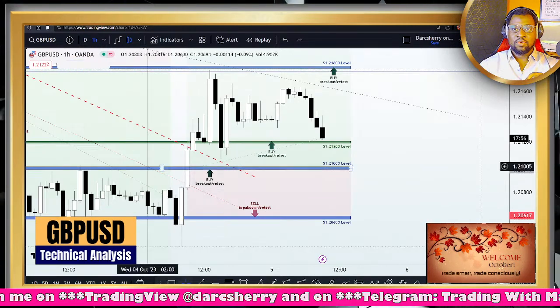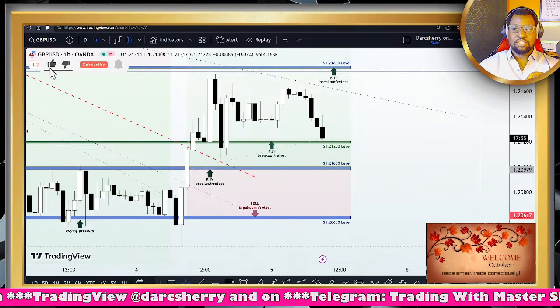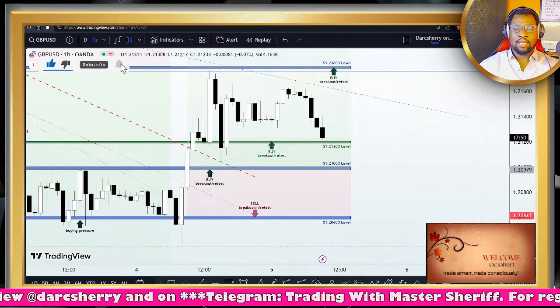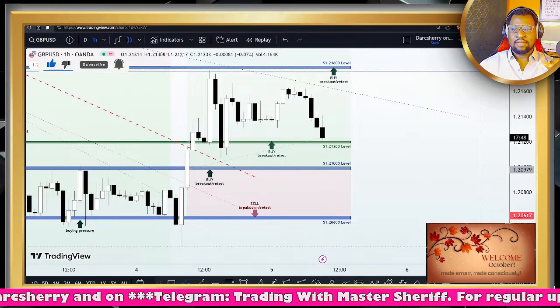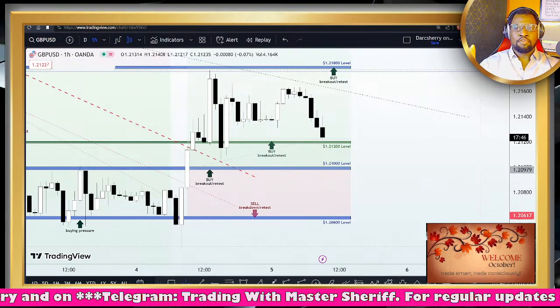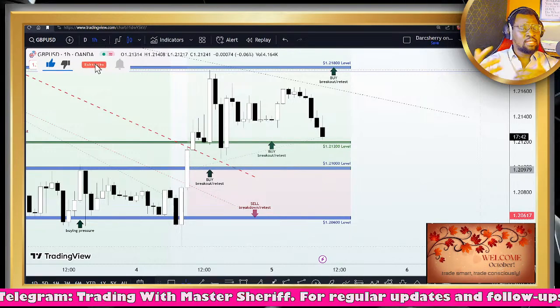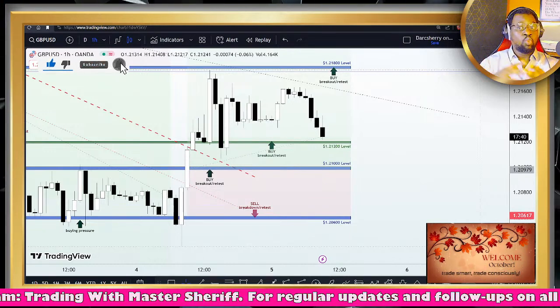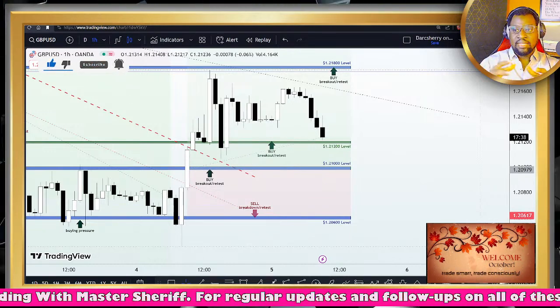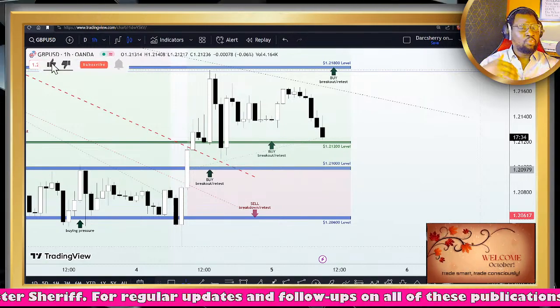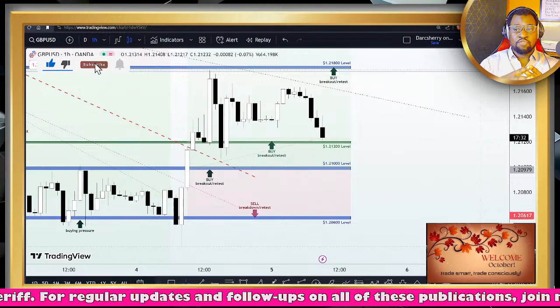Well, on the GBP/USD, we had a buy position finally triggered yesterday, and I'm of the opinion that the market is taking advantage of the retracement in the US dollar yesterday, which was incited by the weaker than anticipated US ADP employment change data that came in yesterday, below expectations, of course.